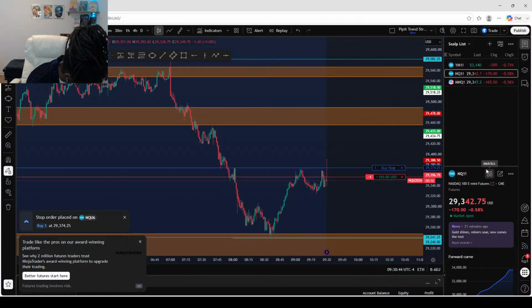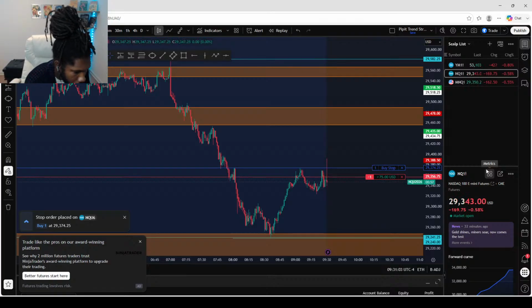First take profit is 321. Take profit 2, 306. Market is kind of choppy right now. Let's see if we can get that solid push to the downside after the wicks take out the upside.